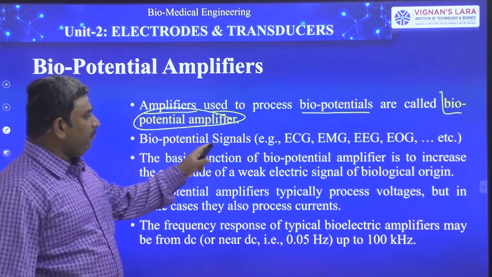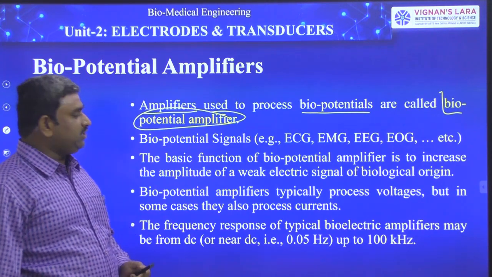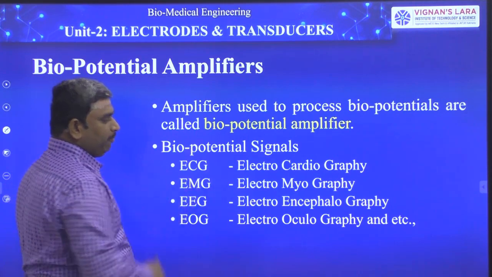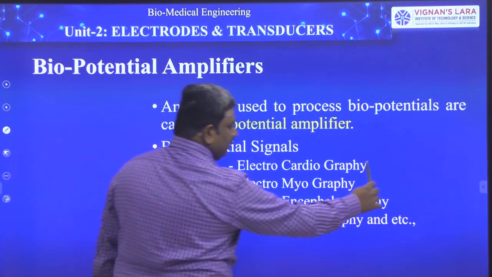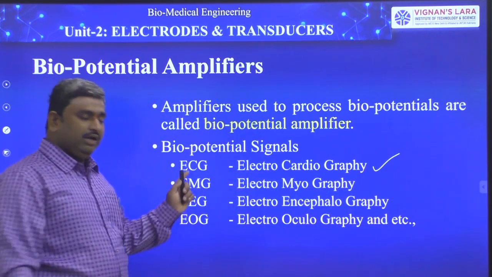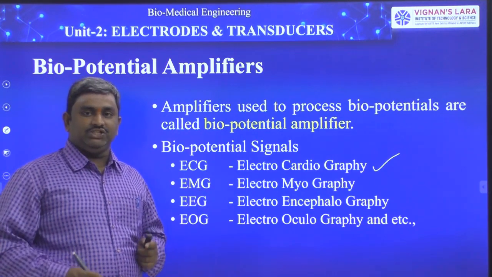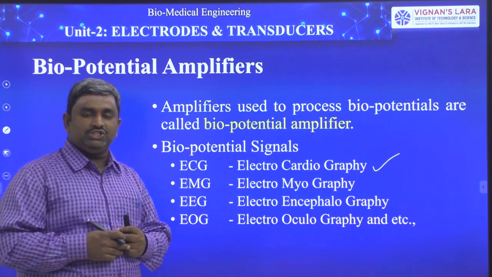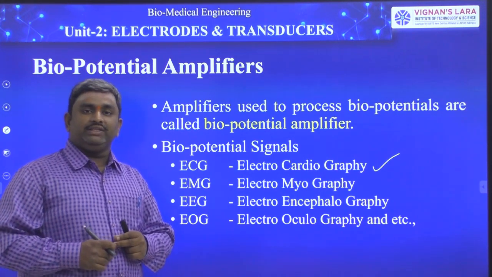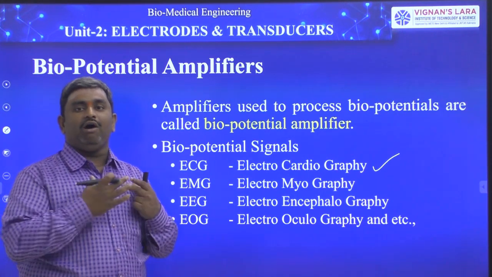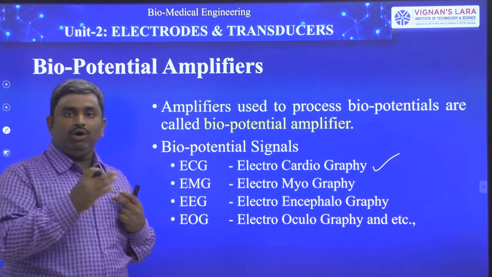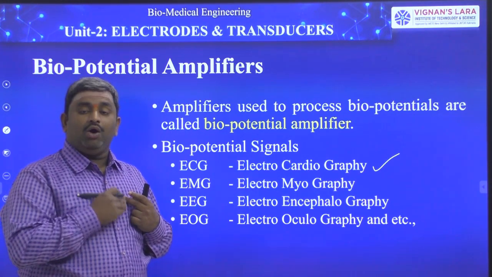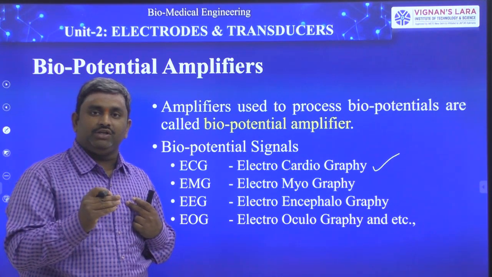Next, biopotential signals. We have different types of biopotential signals. The first one, electrocardiography, ECG. We know very well about ECG. The ECG is generally used for measuring the electrical activity of the heart. Our heart generates some electrical energy. What is the purpose of generating electrical energy?